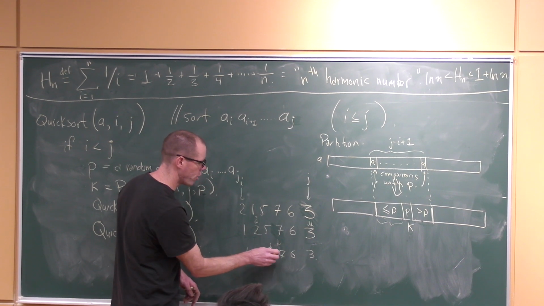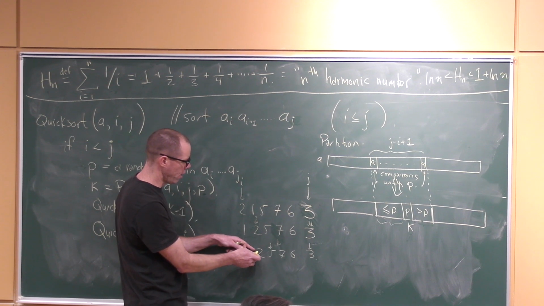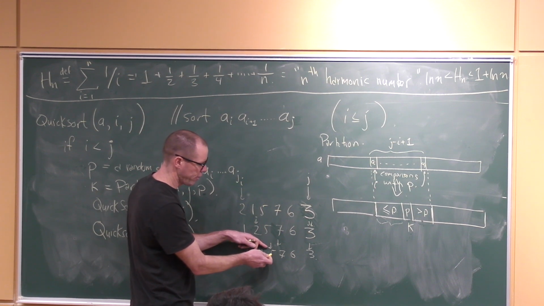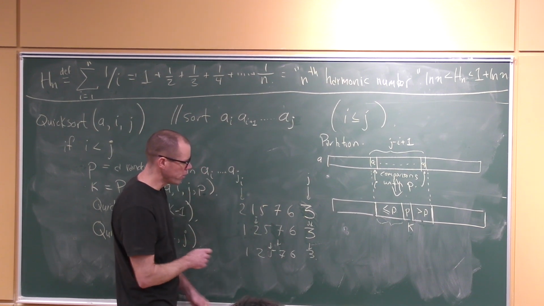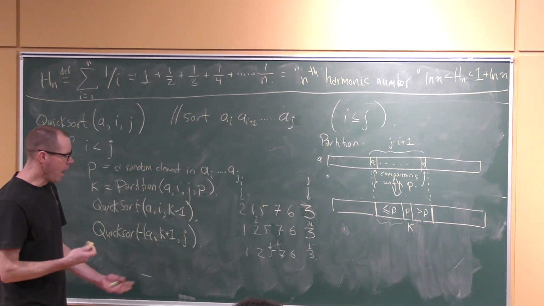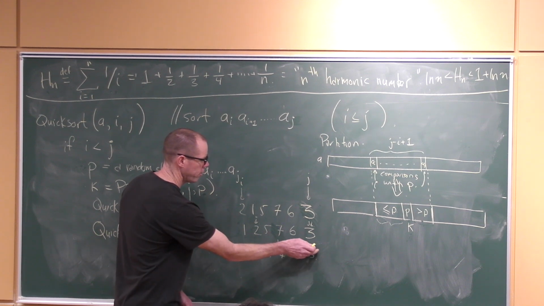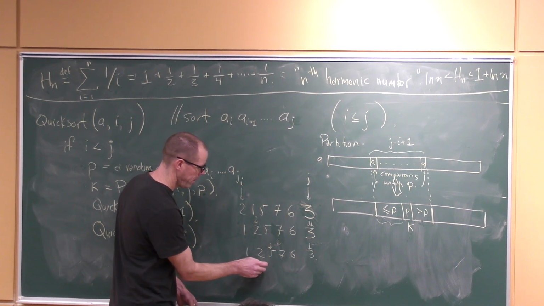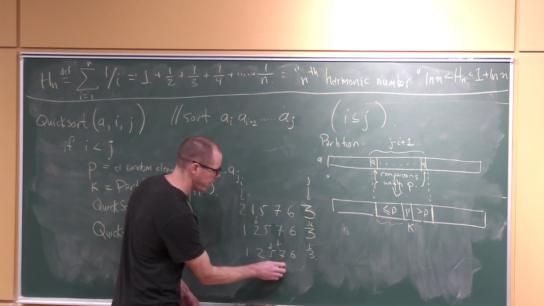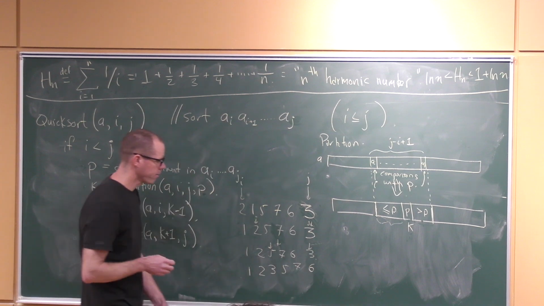The only sort of progress we've made is now we don't have to recurse on the stuff that's smaller than 2 because there is none, but we have to recurse on the stuff that's bigger than 2, so we have to recurse on this thing. And now I can make a bad choice, and I could pick 3, in which case after partitioning I get 1, 2, 3, 5, 7, 6.